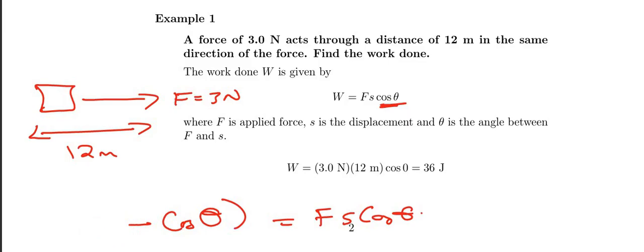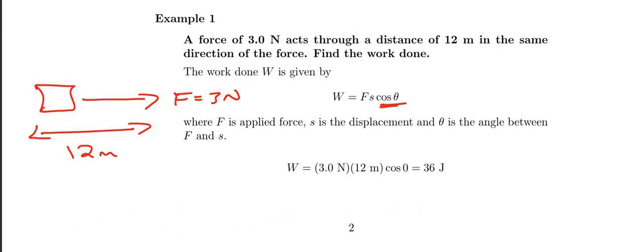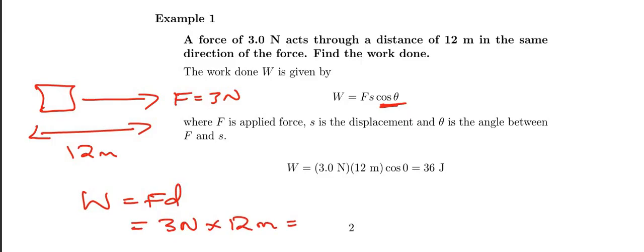You can decide to use 0 or 360, it's up to you, if you want to consider an angle, because it's on the line. So you just say work is equal to force times distance. The force is 3 newtons, the distance is 12 meters. When you multiply this, we get 36 joules or newton meter.